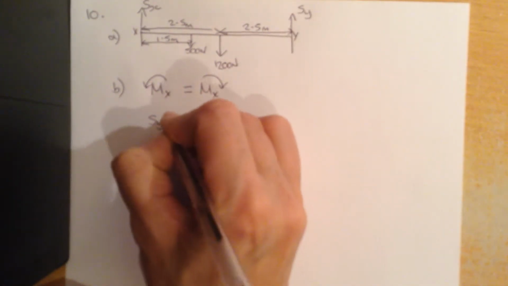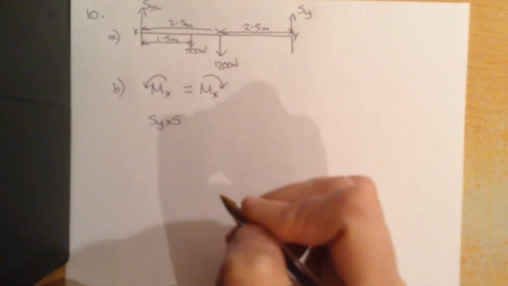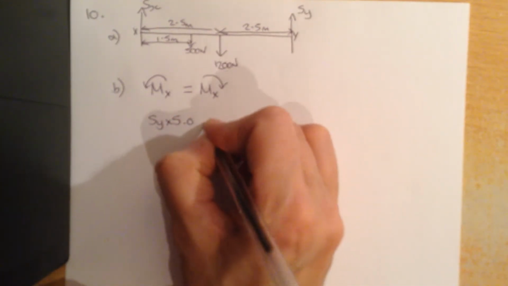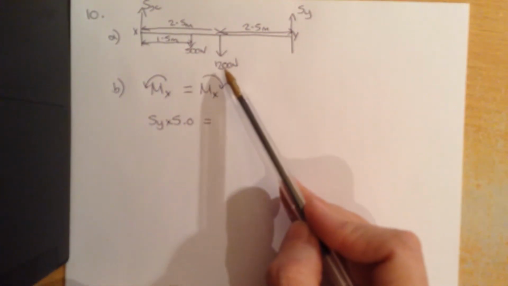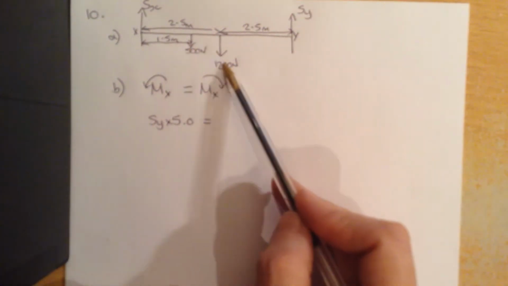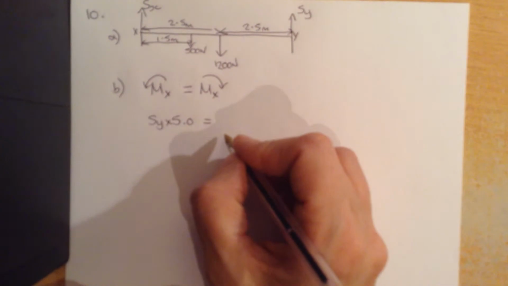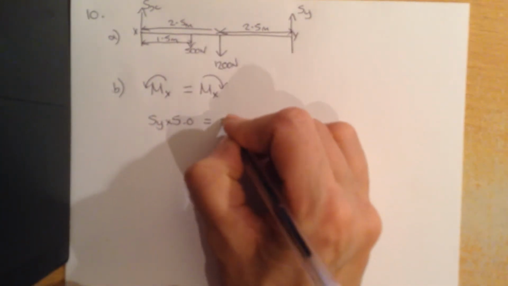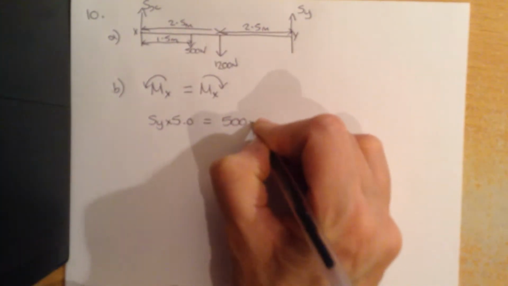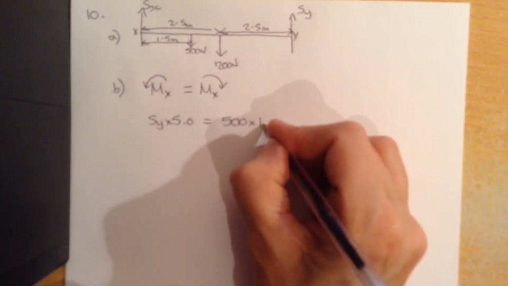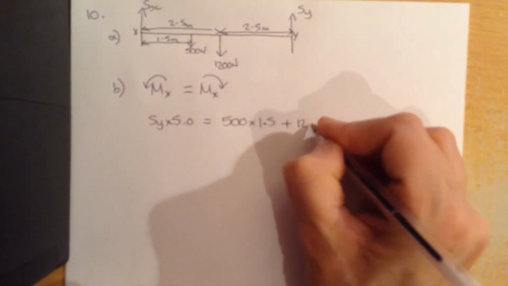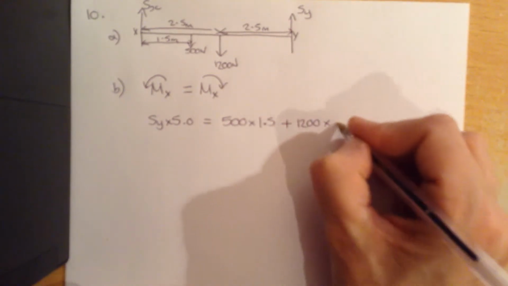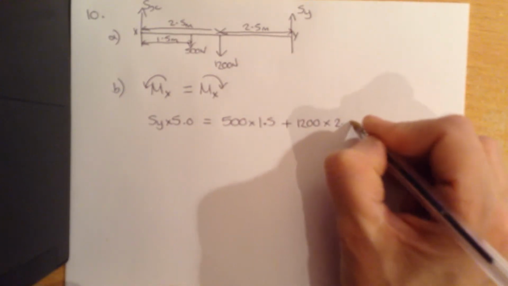So that's SY times 5, going that way, is equal to these two clockwise moments, so is equal to 500 times 1.5 plus 1200 times 2.5.